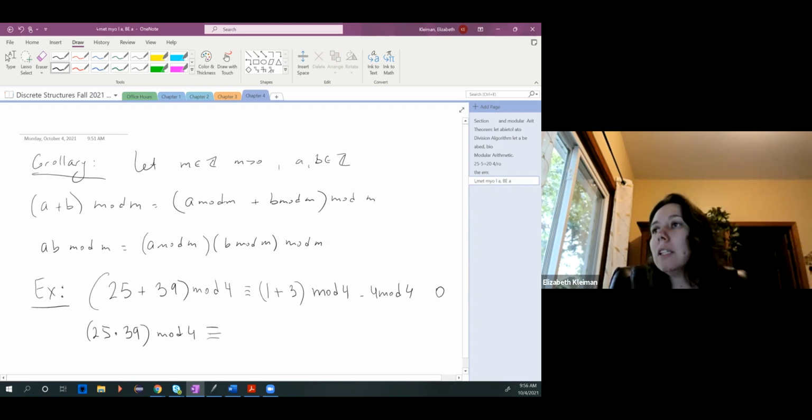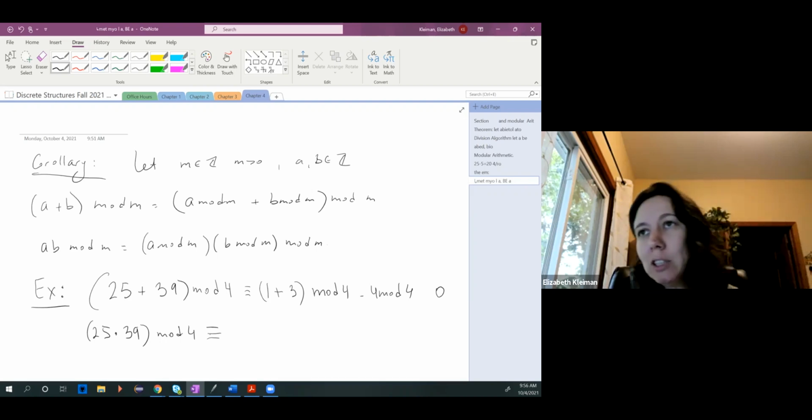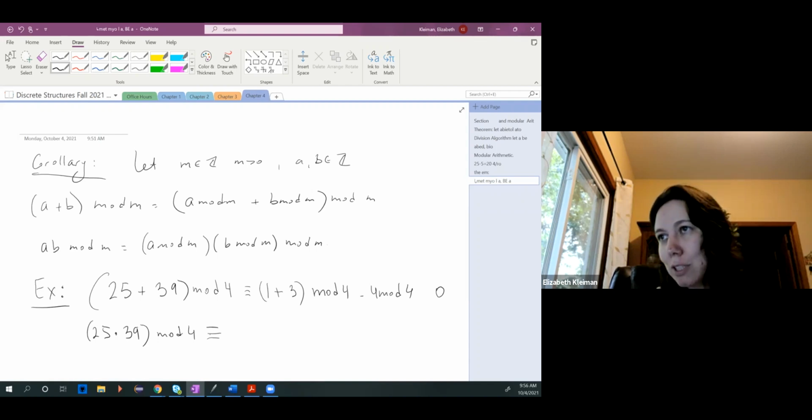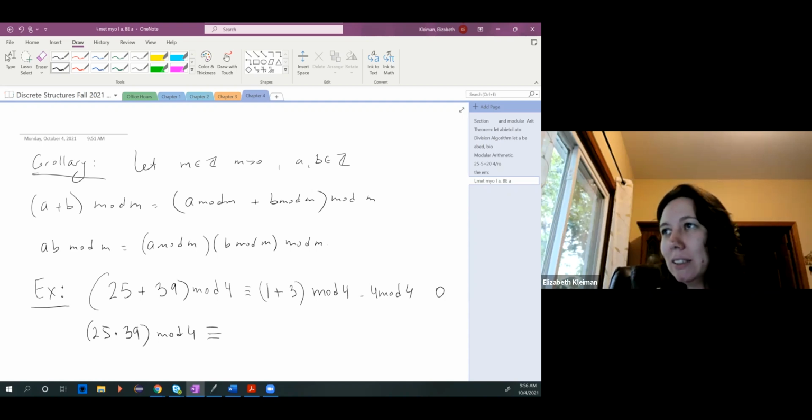Good. So in this case, what's easier? To compute 25 multiply 39 first and then try to mod 4 it, or do the mod 4 on each side first? What calculation is going to be easier? Do the mod first, correct?